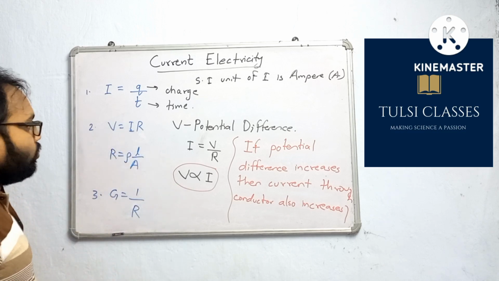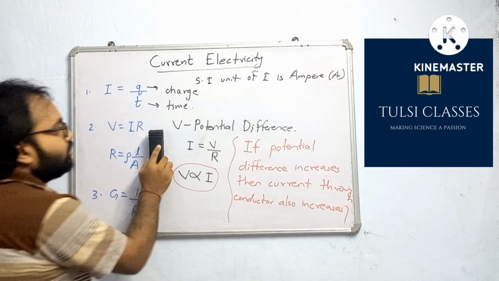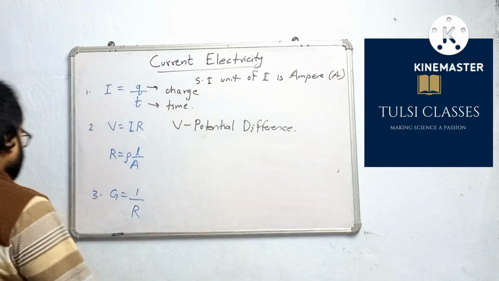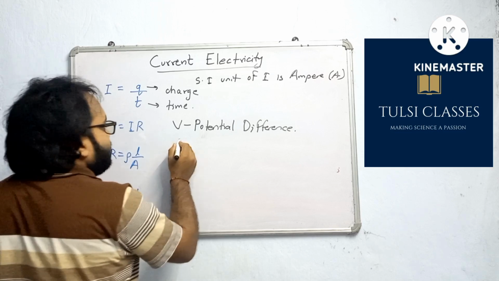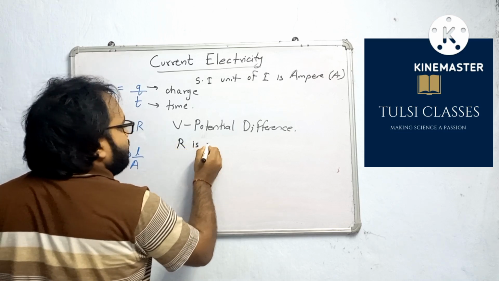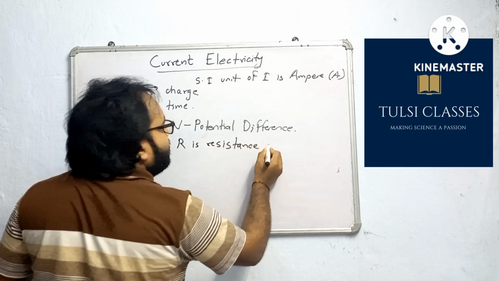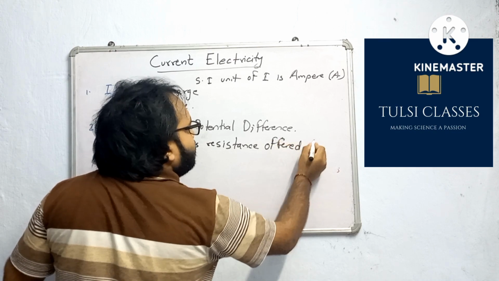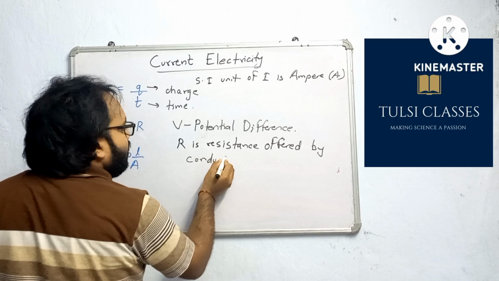Its SI unit is ohm. R is resistance offered by conductor.